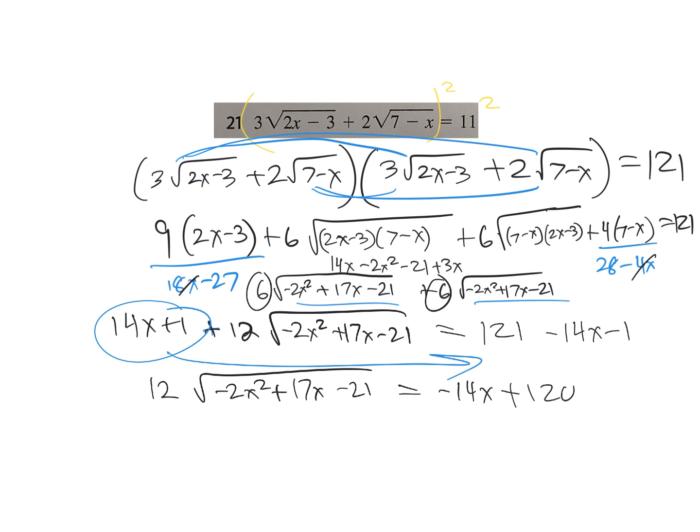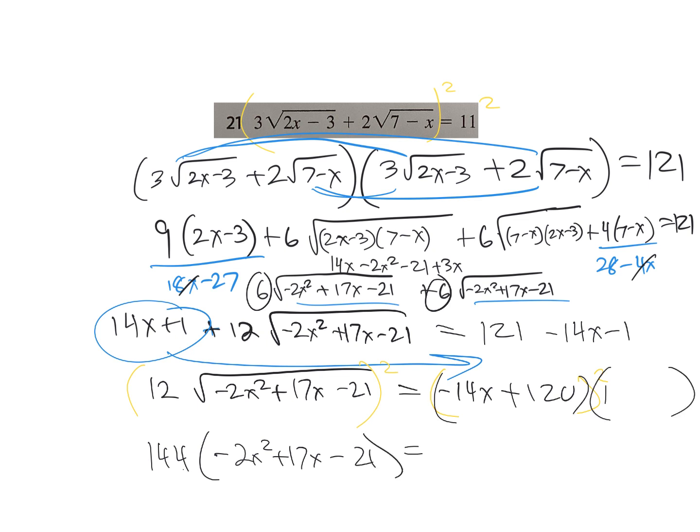Okay, so now what do we got to do? We got to square both sides. So on the left, we get 144, and then what's under the radical, because the radical is now gone. And on the right side, you have to multiply all that out, negative 14x plus 120.